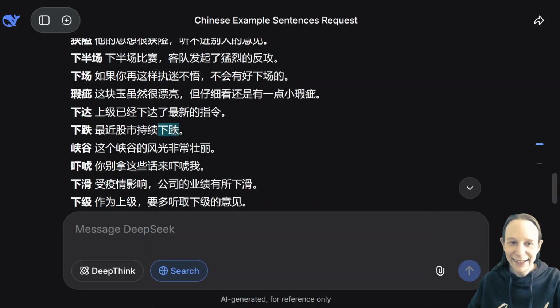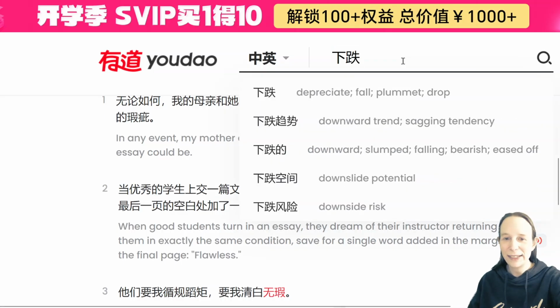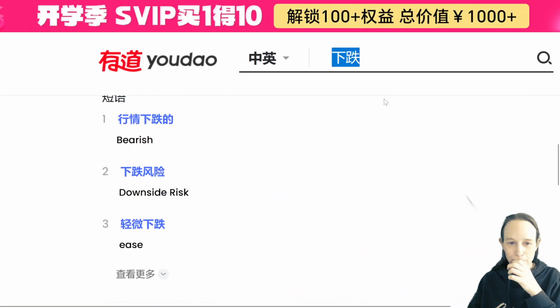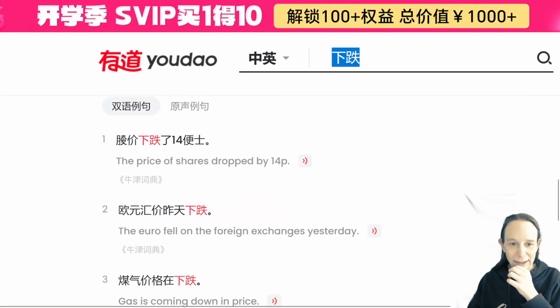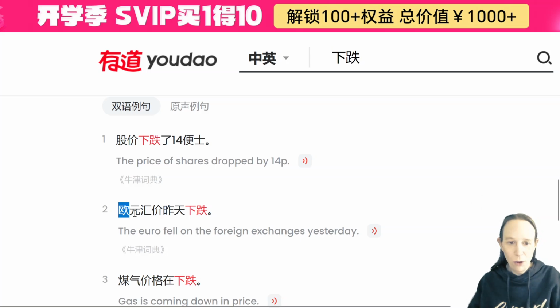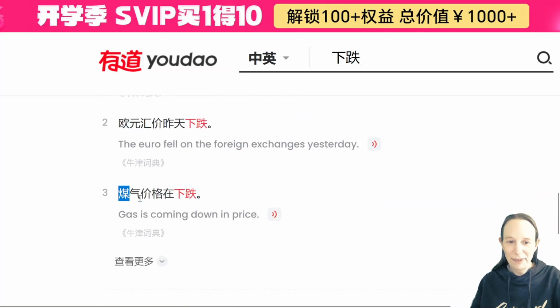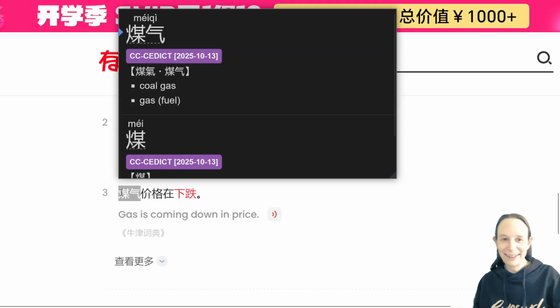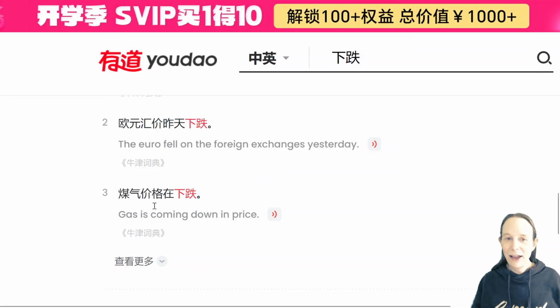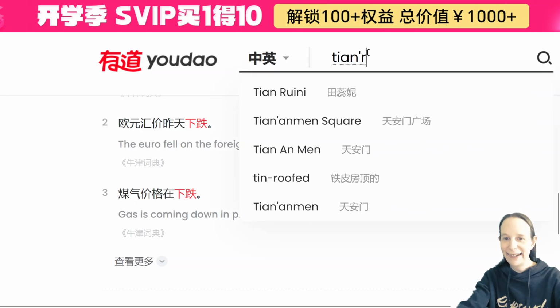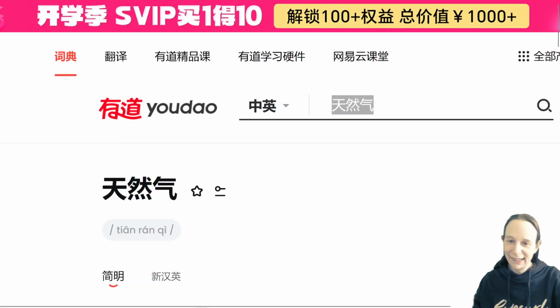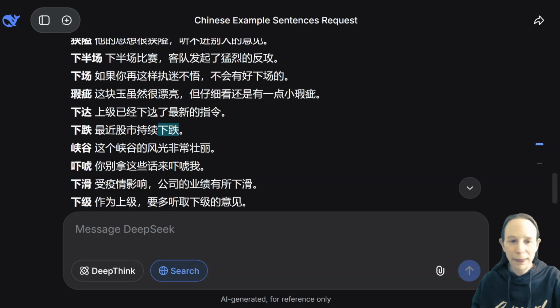Well, I think it's almost always stock prices. 股价. Oh yuan. So the euro took a tumble. The price of natural gas took a tumble. No, not 煤气. Oh, coal gas. Oh, 天然气. 天然气 is natural gas, etc. All right.